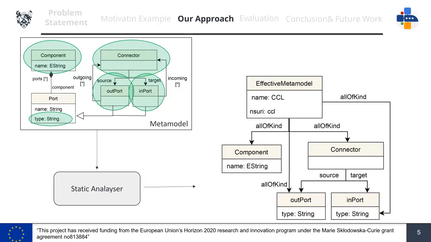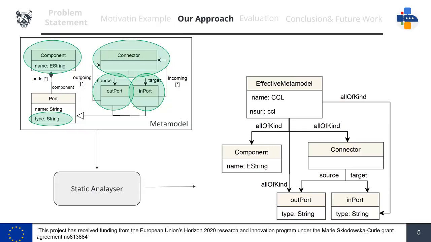As you can see, the effective metamodel says that we need Component with the Name attribute, or we need the Connector, but other information like the names of ports you cannot see in the effective metamodel. If you're interested in the algorithm for extracting this from the AST, please have a look at the paper that I published in SLE last year, because going into detail is time consuming.